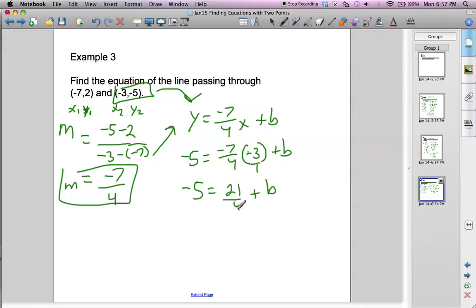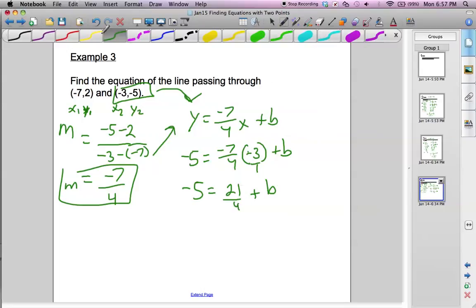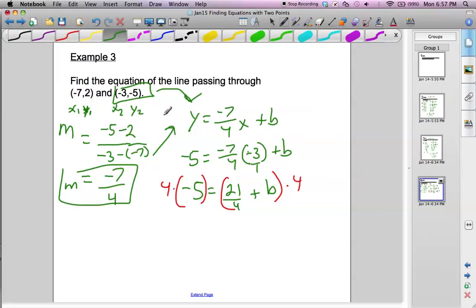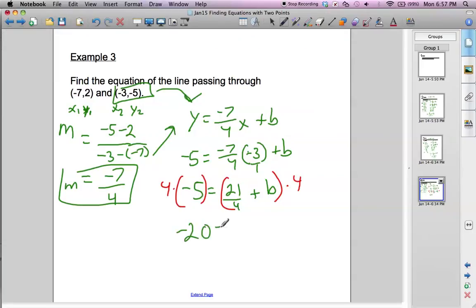At this point, we have the fraction here with the 4 in the denominator. So what we can do is multiply both sides of the equation by 4, and we'll get rid of that fraction. So here we have 4 times negative 5, that is going to be negative 20. 4 times 21 out of 4, the 4's cancel. 4 times b is 4b.